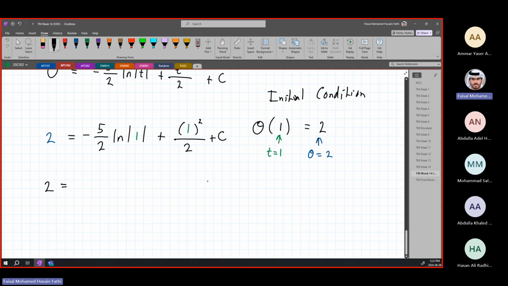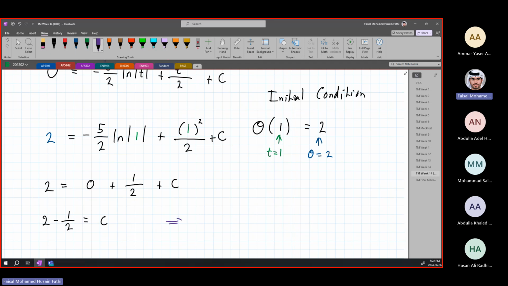So ln 1 is 0. If you don't know this, you can just use your calculator. The ln of 1 is 0. So this is 0 plus 1 squared is 1 over 2 plus c. 2 minus half is equal to c. So our c is equal to 2 minus half, which is 3 over 2.